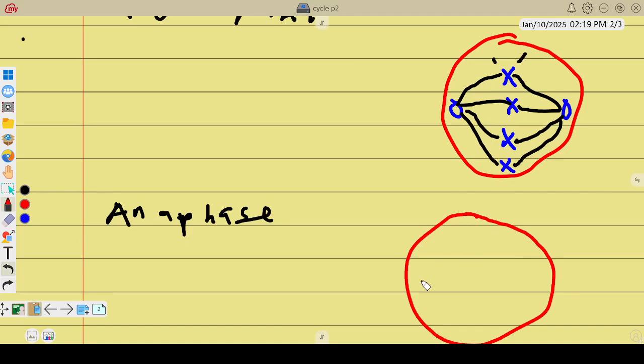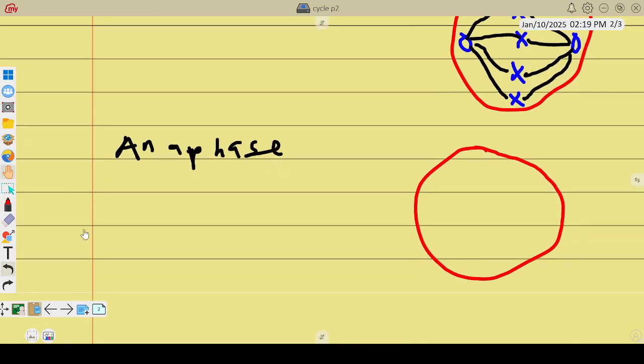At metaphase, the most important thing is that the chromosomes are at the equator. Now at anaphase, the most important thing is that these chromosomes will be put to the opposite poles. So let us draw. These are our sister chromatids, we have 1, 2, 3, 4.